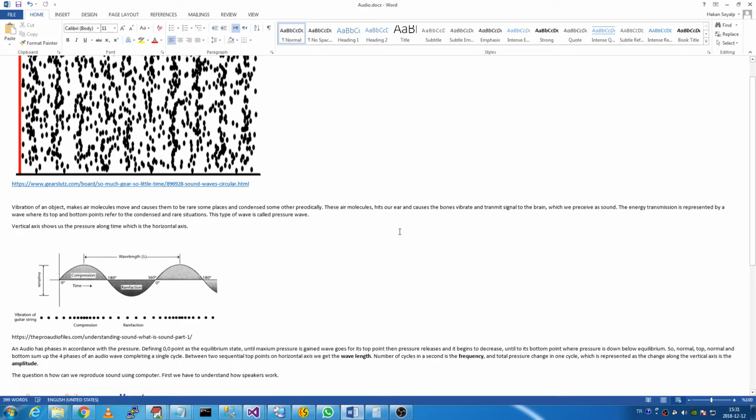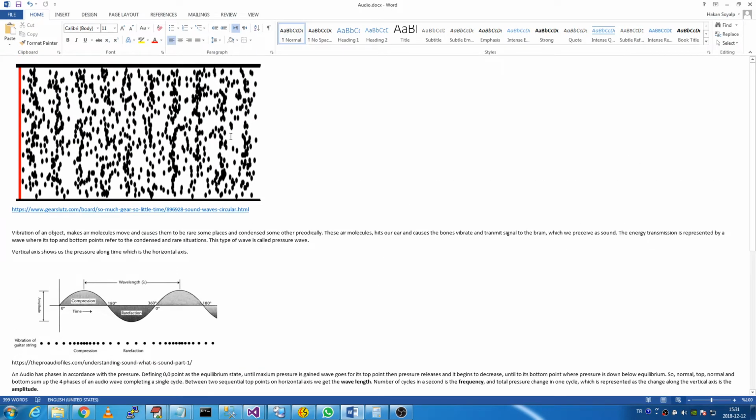And here is the representation of an object moving air molecules in the air. This is what we call a pressure wave, and there it's moving.